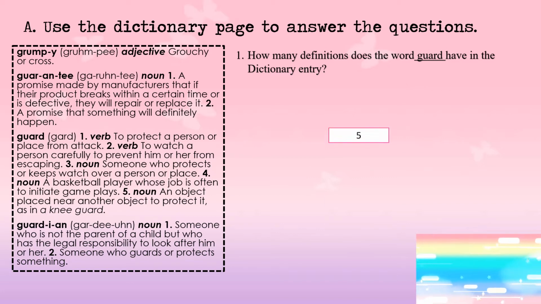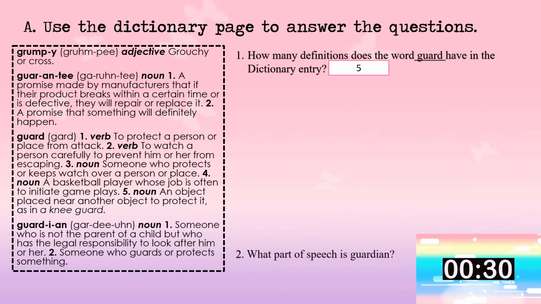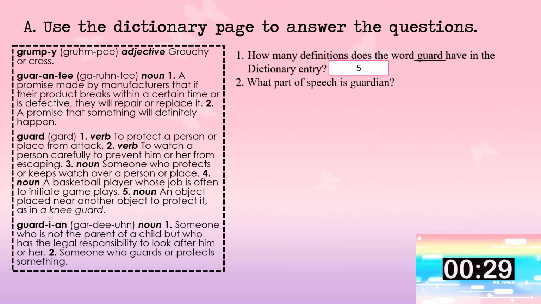Time's up, and the answer is 5. Good job. Number 2 question. What part of speech is guardian? Timer starts now. Time's up. Let us check.